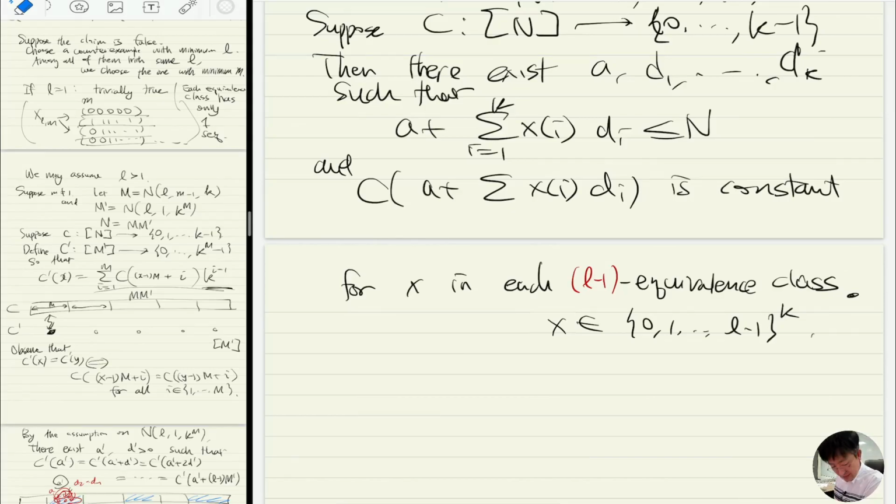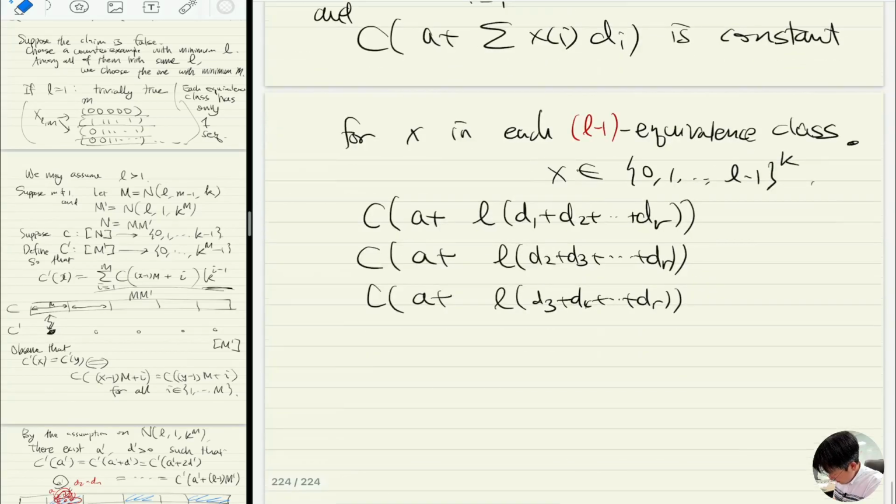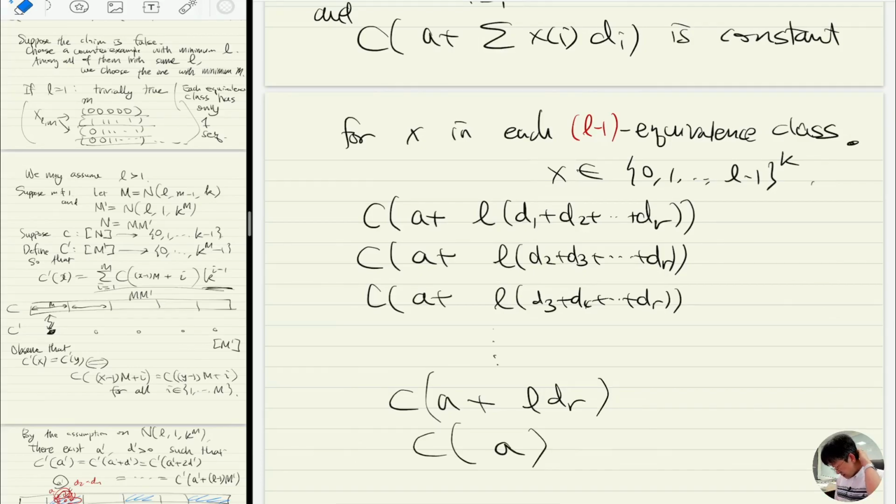Now let's consider the following. C of A plus L d1 plus d2 plus up to dr, C of A plus L d2 plus d3 plus up to dr, C of A plus L d3 plus d4 up to dr, and C of A plus L dr. So how many terms do I have?